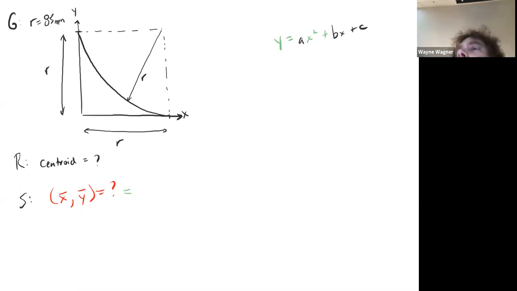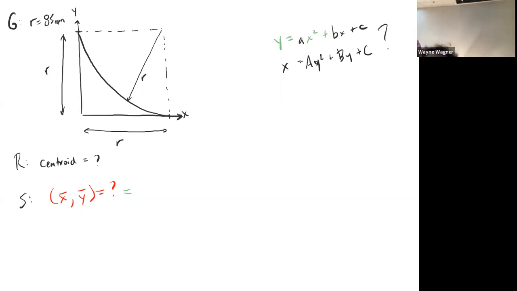It could also be x equals a capital A y squared plus by plus a capital B plus c. So either one of those would tell us it's a parabola.